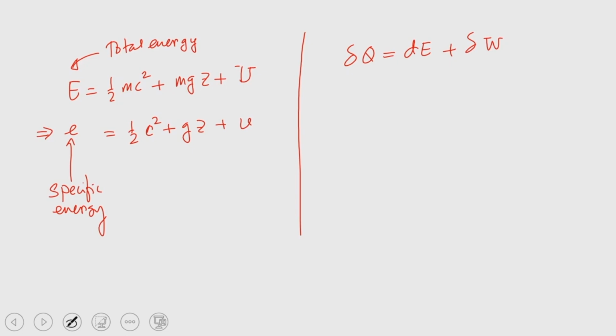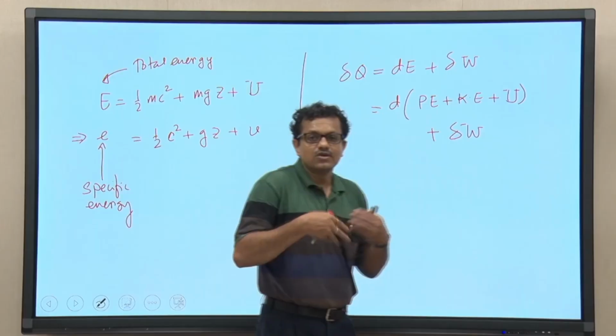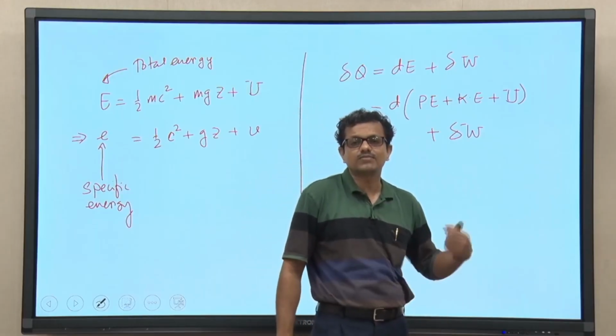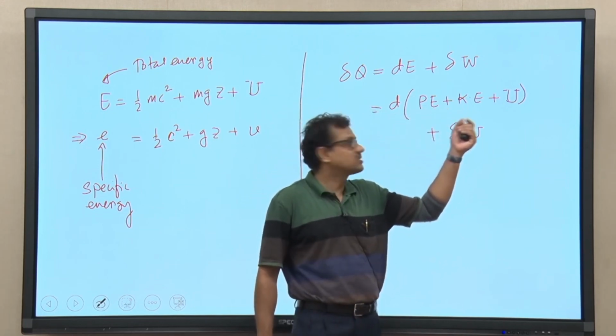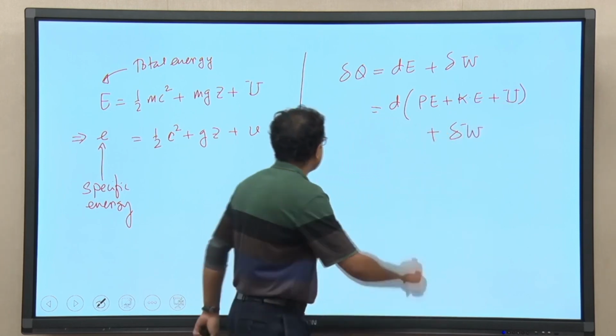Now, if we plug in the value of E over here, we will get d of P E plus K E plus U, plus delta W. In most of the thermodynamic processes, the changes in kinetic and potential energy are neglected. It is not because it is ignored intentionally, rather it is seen that in most of the thermodynamic processes the changes in kinetic and potential energy are negligibly small as compared to the part which is U.